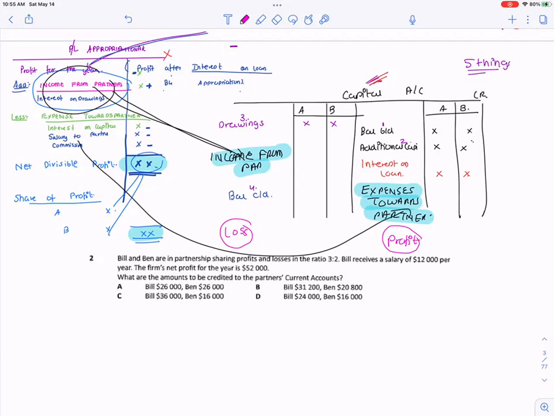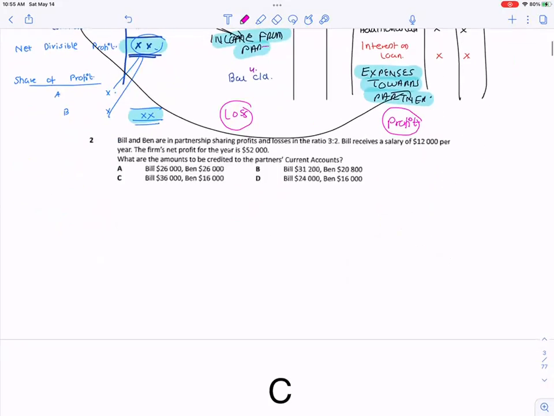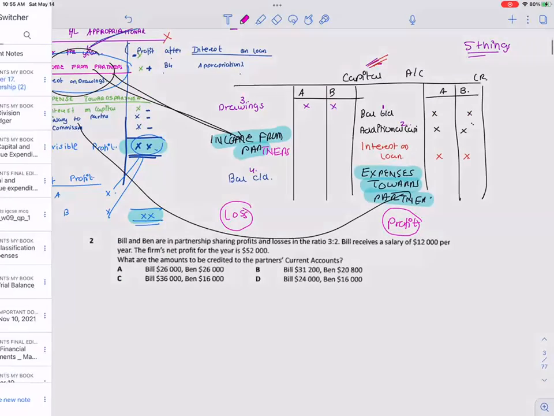Is this done? Yes. Ma'am, what is that below drawing, income from? Partners. What is the income from partners?